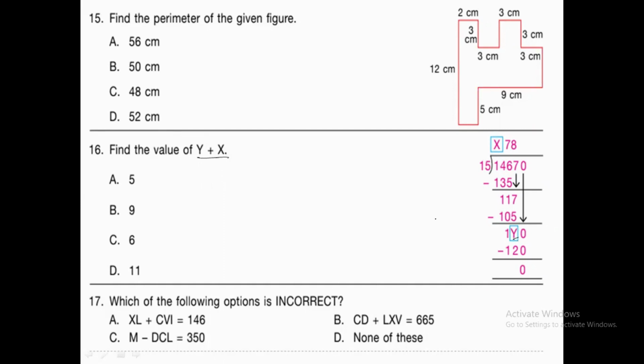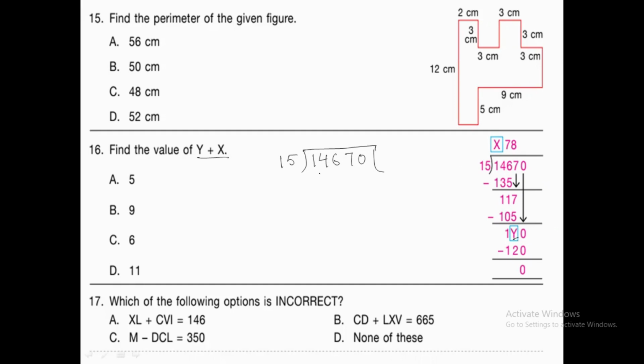So what you will do for this, you can divide these both things. You can go through the proper division: the number given to you is this, and you need to divide it by 15. Now you can see the 14 is here, which is smaller than 15, so you cannot divide it.